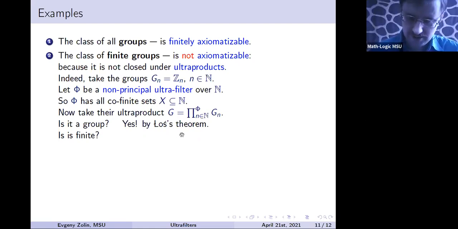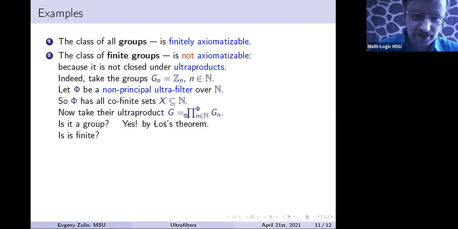Yes, this is a first order formula. It involves equality, but I said in the previous lecture that equality still satisfies Łoś's theorem. It is a simple exercise to check the details of Łoś's theorem for equality.